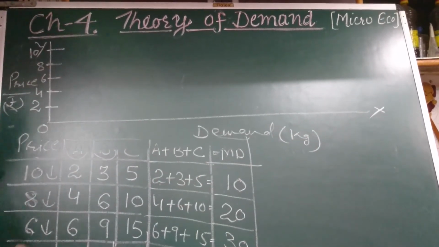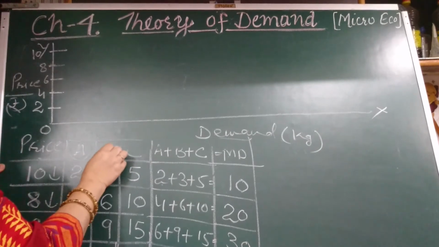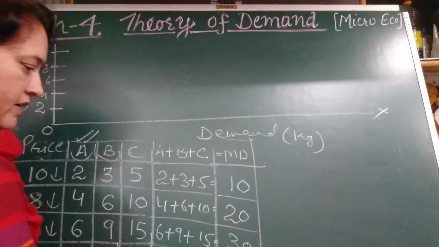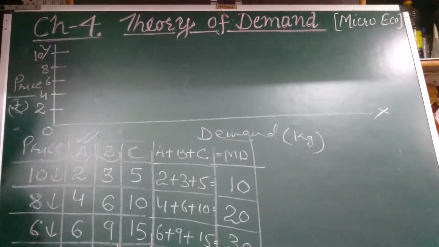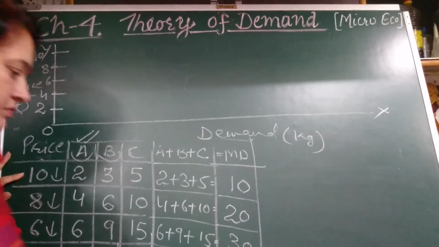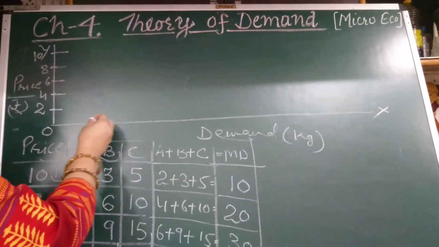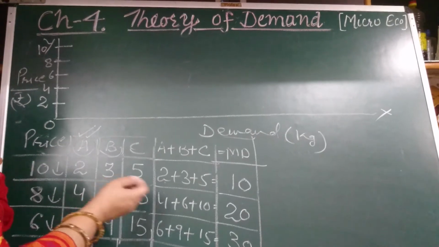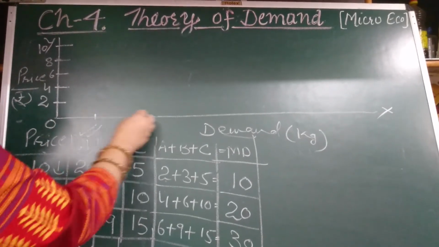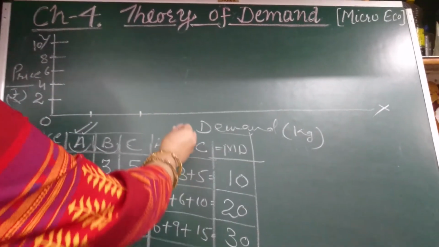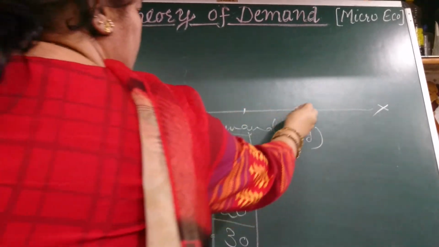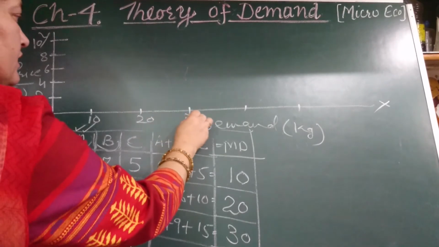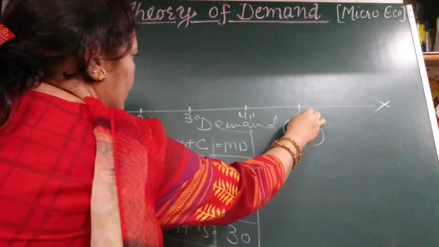First of all, let us take the data regarding market demand on x-axis. Divide the whole axis into 5 equal parts: 10, 20, 30, 40, 50.